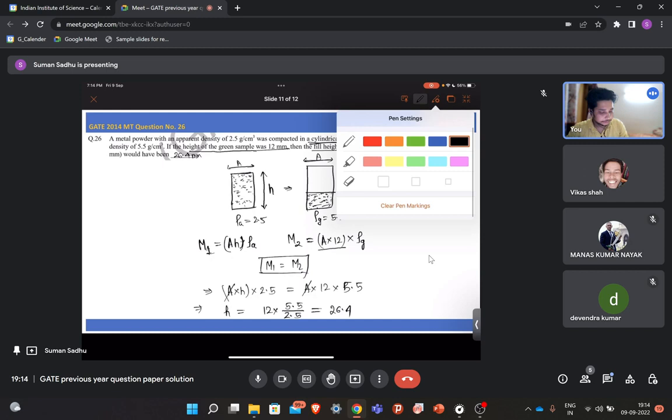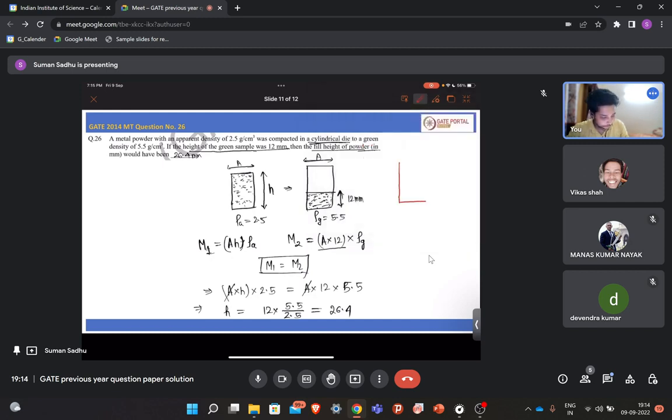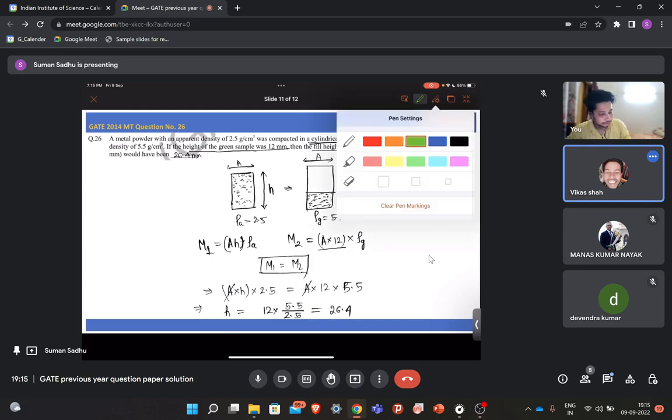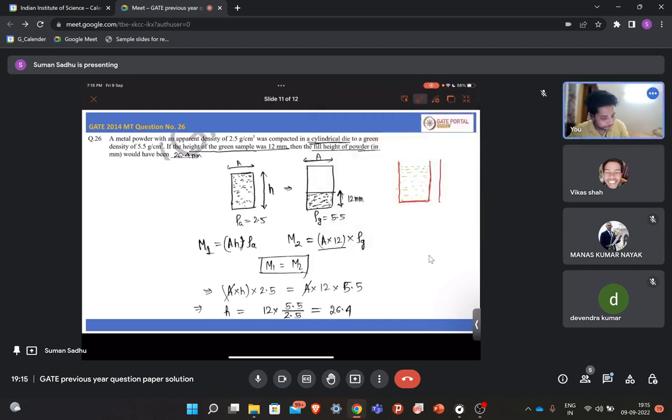That means it is your die. So this is a cylindrical die you have. Now we have filled your powder here, up to this line initially. After some time you are pressing this powder with a piston.